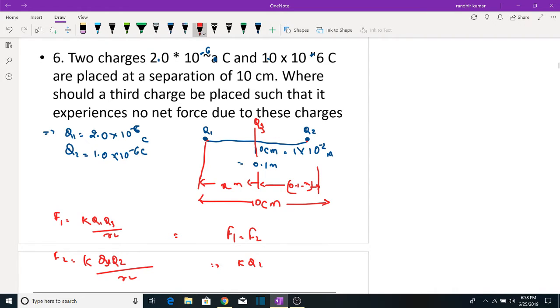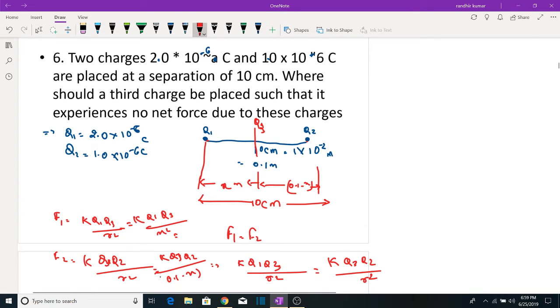So K Q1 Q3 upon x square is equal to K Q3 Q2 upon (0.1 minus x) square. Now find the value of x.